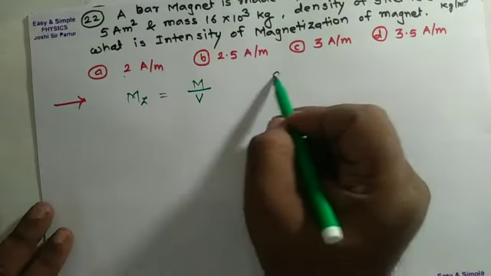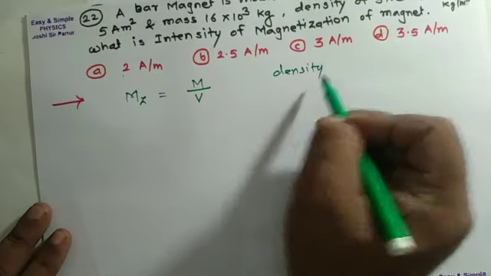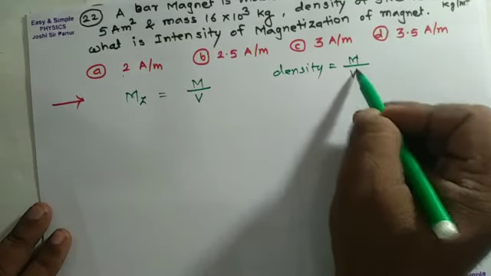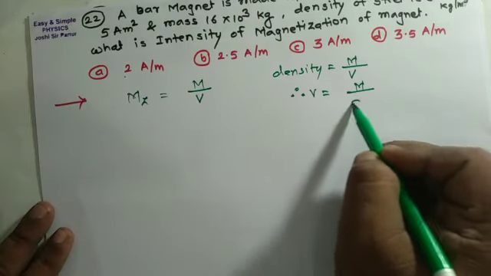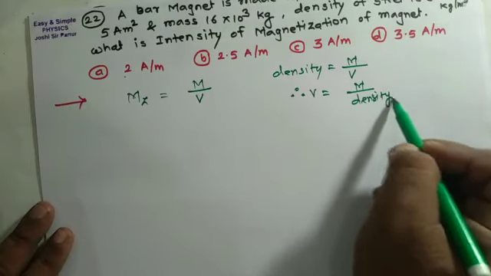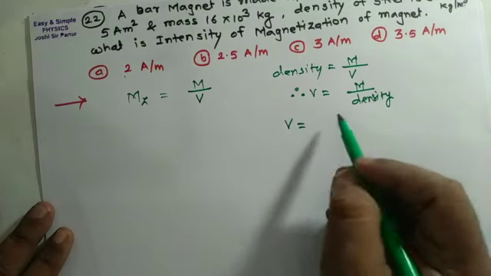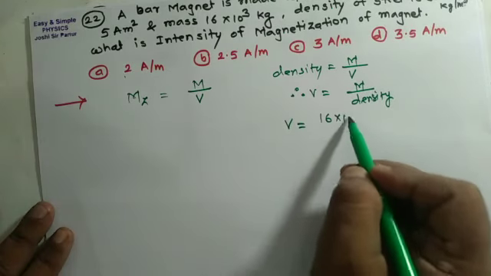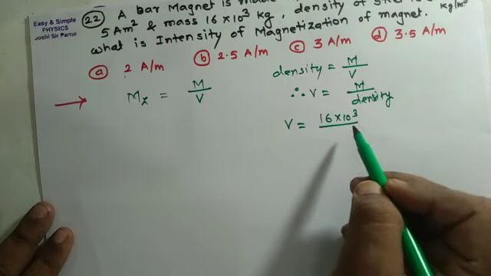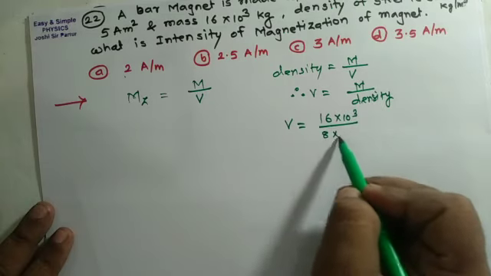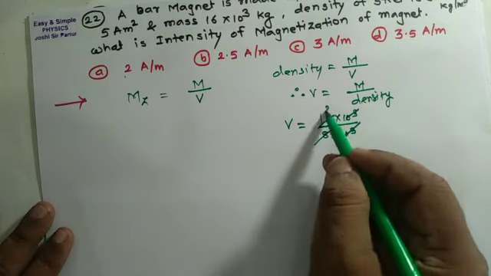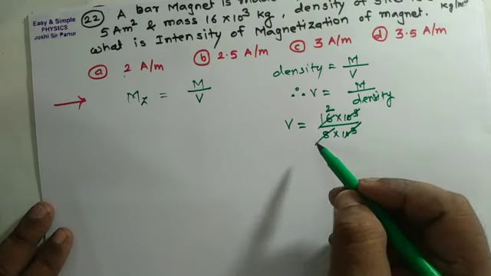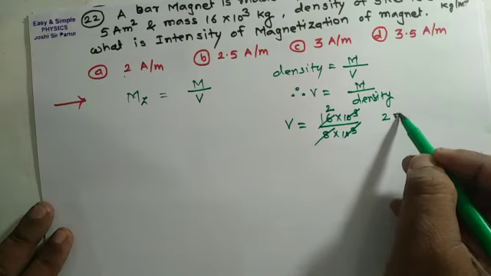We know that density is equal to mass upon volume, so volume is equal to mass upon density. So volume is equal to 16 into 10 raised to 3 divided by 8 into 10 raised to 3. 10 raised to 3 gets cancelled. 16 upon 8, so that is 2 meter cube.